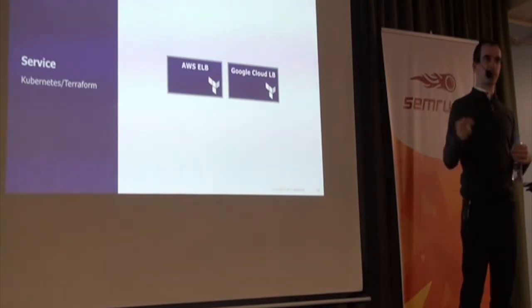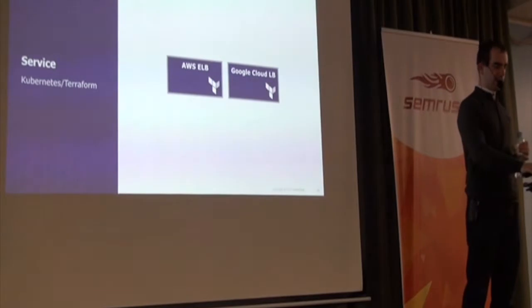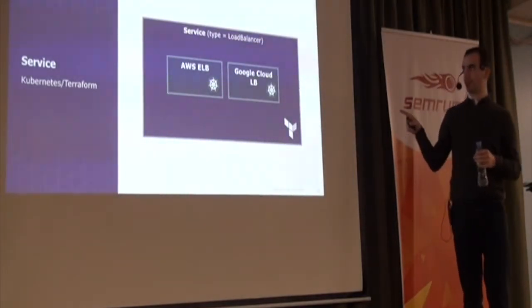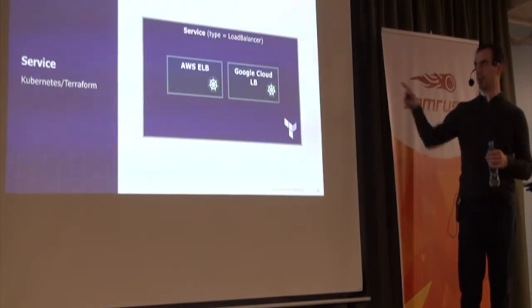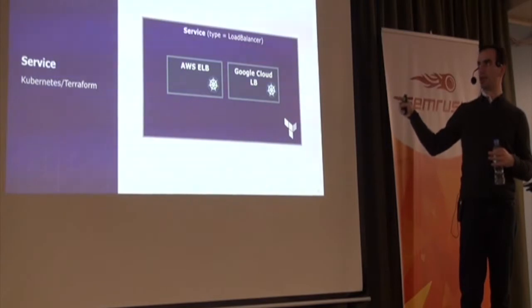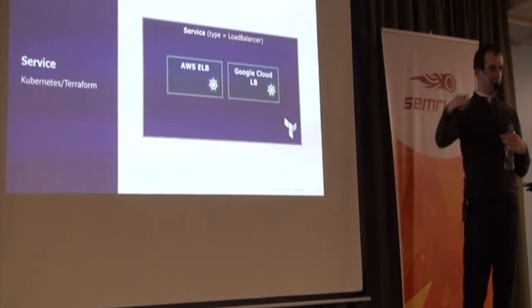You need to have a load balancer per service. So in such case, it's probably more sensible to leverage Kubernetes for the ELB and Google Cloud load balancer provisioning, and then only let Terraform talk to the service, to the Kubernetes API.